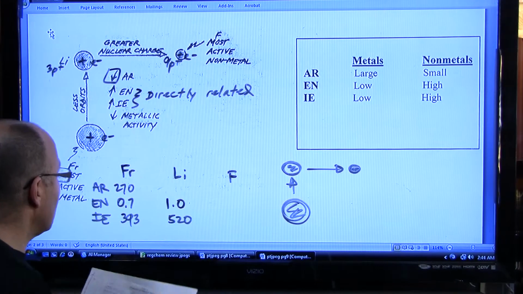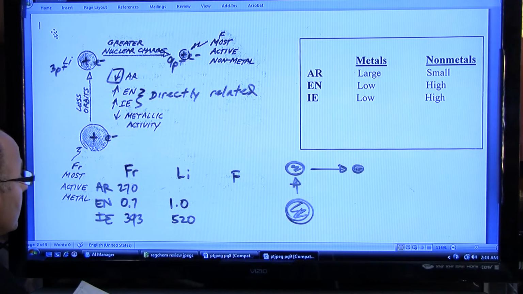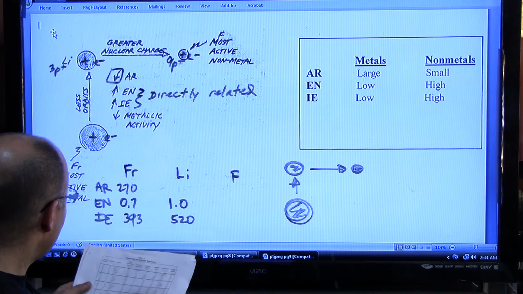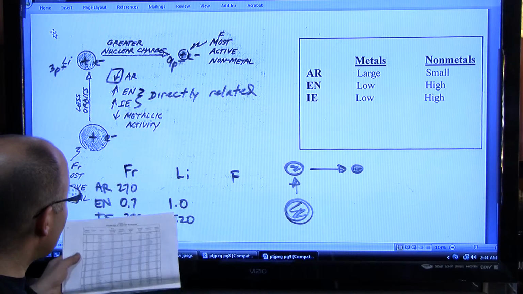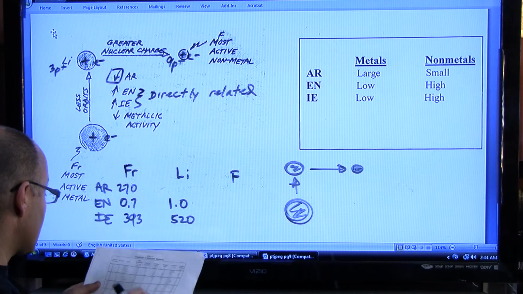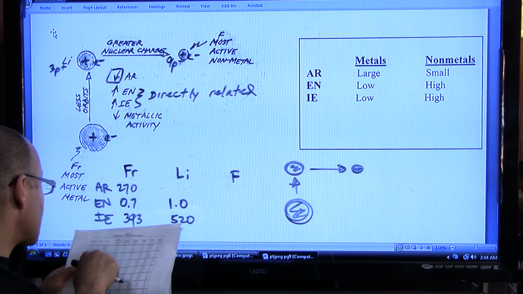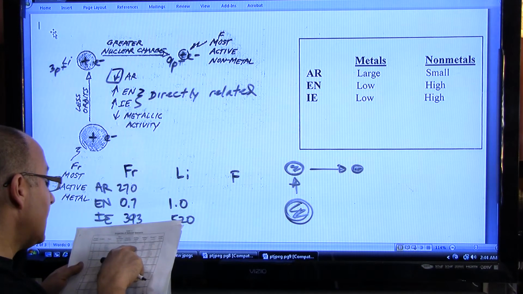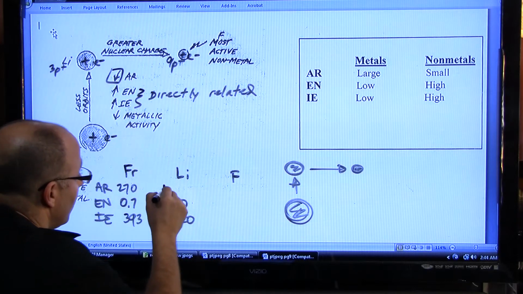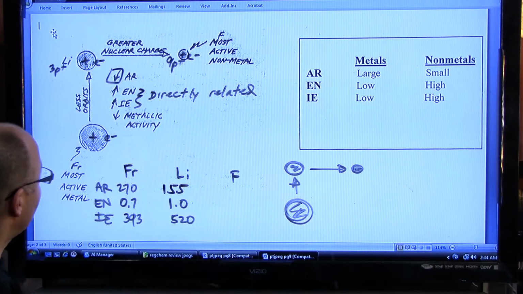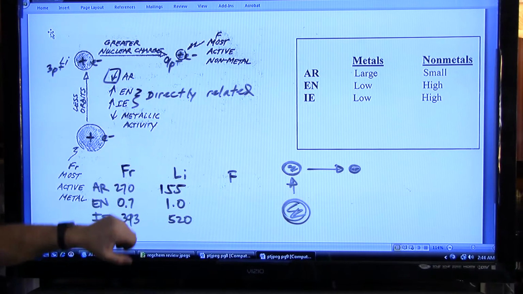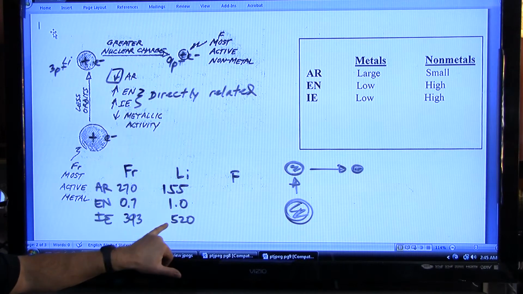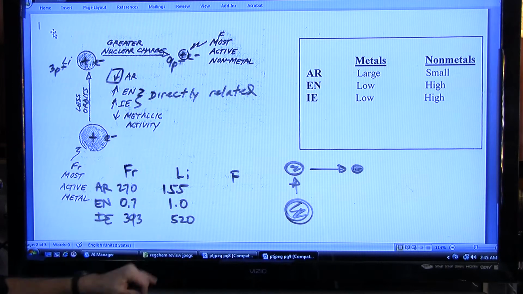You notice the electronegativity is getting larger, and the ionization energy is getting larger as the size decreases, because lithium's atomic radius is 155. So, comparing francium with lithium, lithium has a smaller atomic radius, a higher electronegativity, and a higher ionization energy.